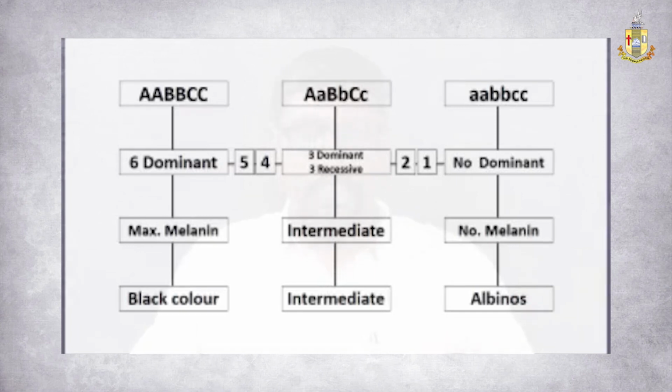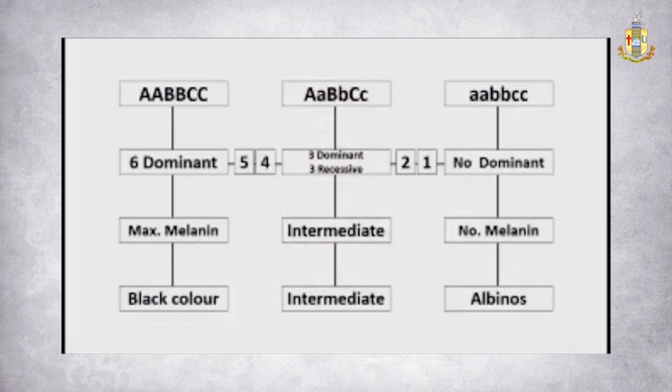If all genes are in the dominant form, maybe 6 dominant, maximum melanin would be synthesized, and the color of the skin is going to be darkest or black in color. There can be an intermediate situation also.